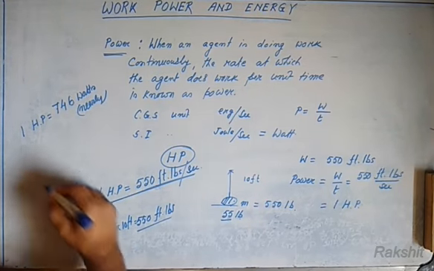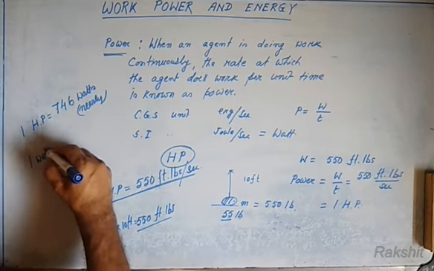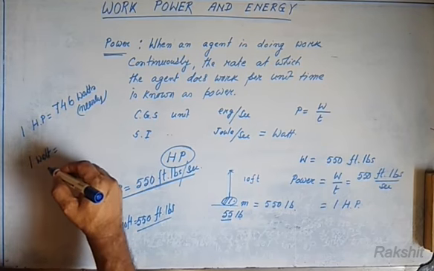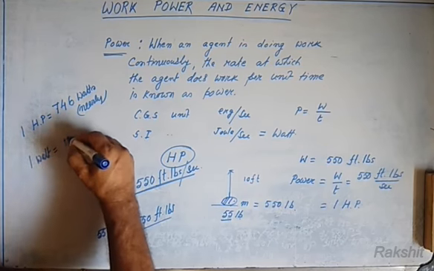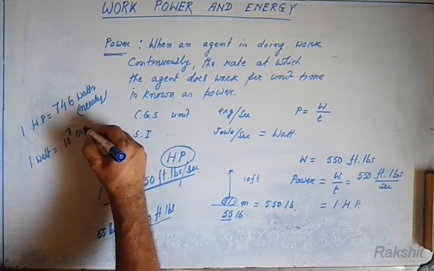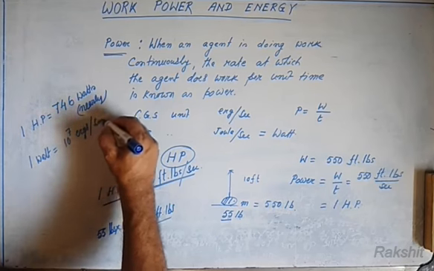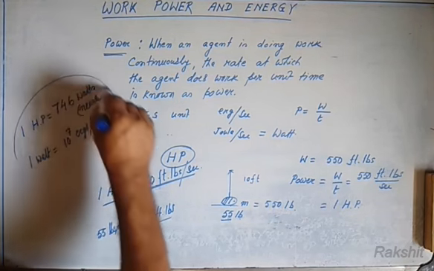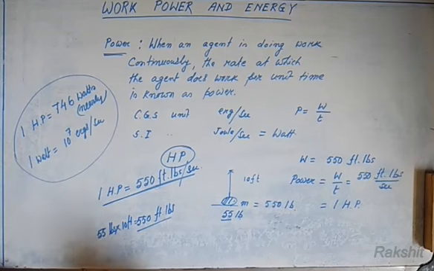And 1 watt is equal to 10 to the power 7 ergs per second. So all these formulae are useful for problem solving purposes.